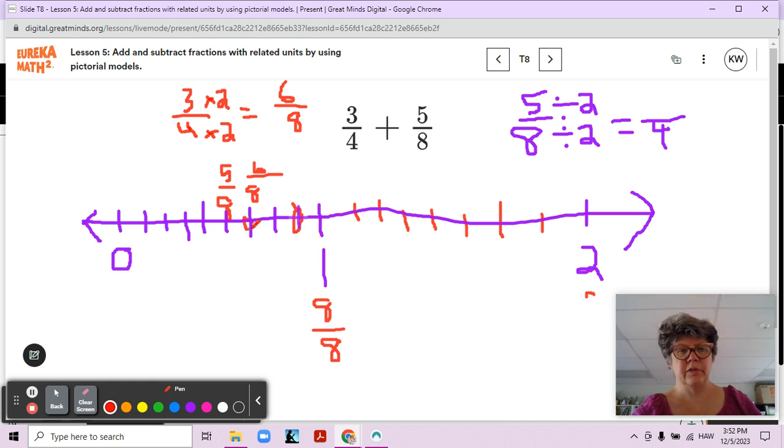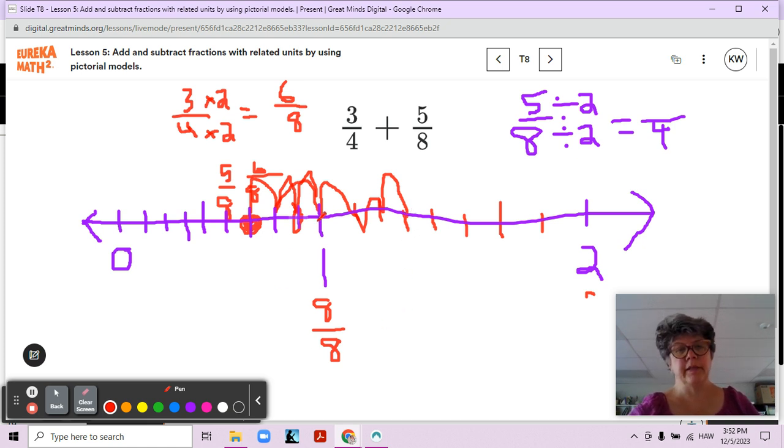6/8. Now, how can we use this number line to add 6/8 and 5/8? Can we jump 5 times? 1, 2. Sorry, that one's not there. 1, 2, 3, 4, 5. Yeah.